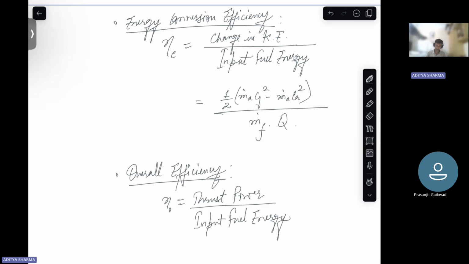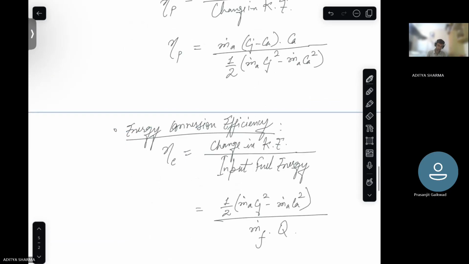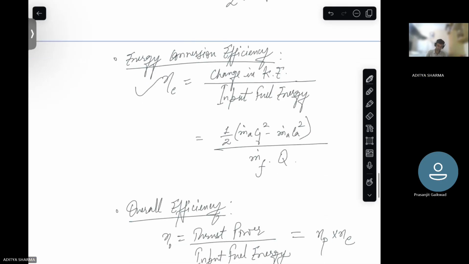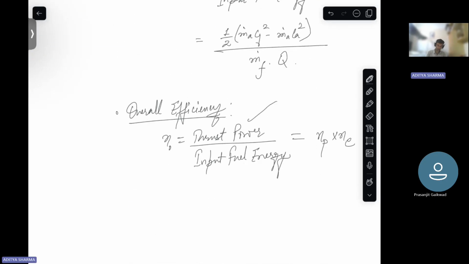So the energy that we take from fuel and the energy that we get in form of thrust. So this can be obtained from here. So if you see this and this, you'll find out that when they are multiplied, they give this only. Thrust power divided by input fuel energy.